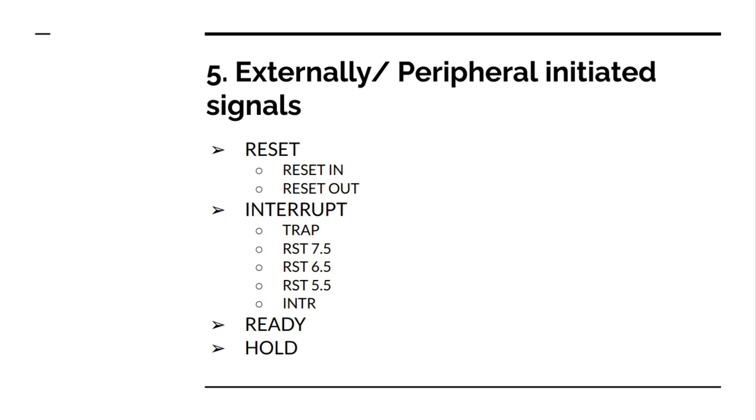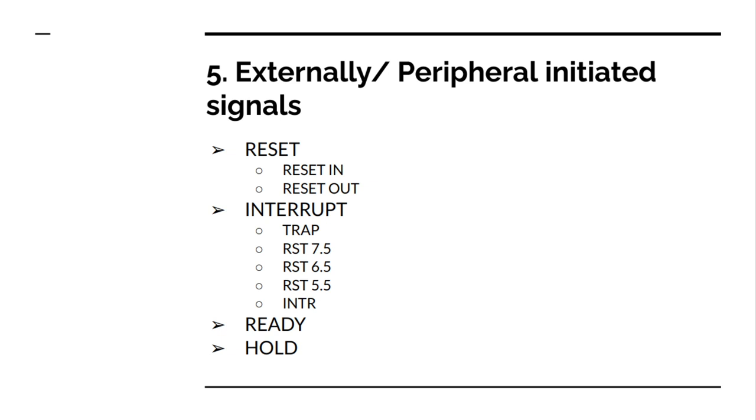From the word reset itself, you could understand that it is resetting the operation. Reset in means it is resetting the things which are happening inside the microprocessor, and reset out means it is resetting the peripheral which is connected to it.